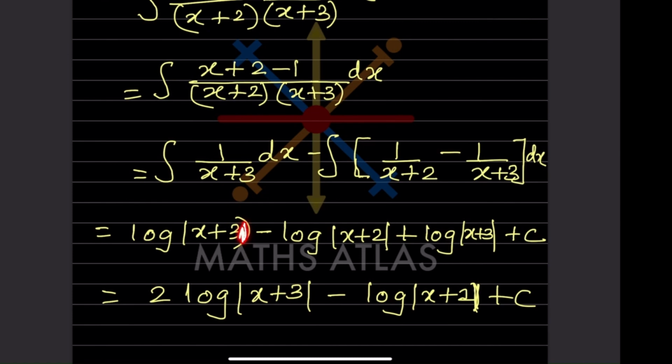For this one, the minus sign is here, and 1 by x plus 2 integrates to log of x plus 2. Then minus and minus becomes plus here, so the integration of 1 by x plus 3 is log of x plus 3 plus c.